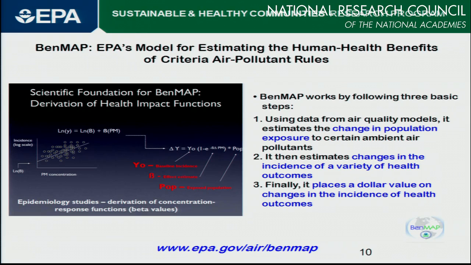So BenMap, which Dave alluded to briefly, did do a giant meta-analysis because there is a tremendous amount of information that's consistent about the effects of air pollution on human health. And so they use the strength of different studies to develop average coefficients as multipliers for reductions in air pollutants.